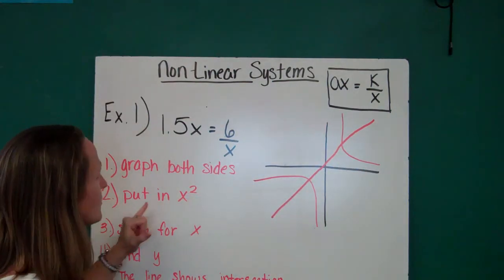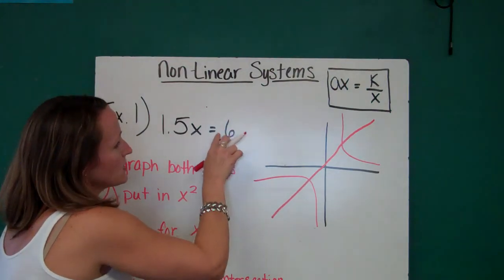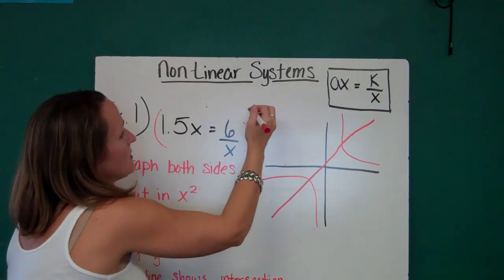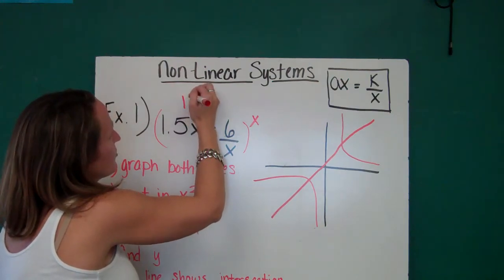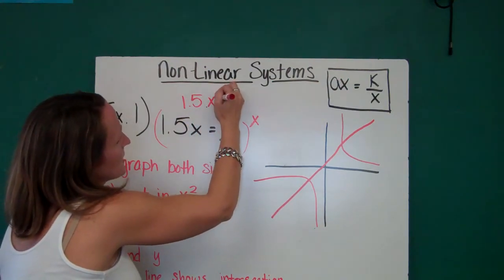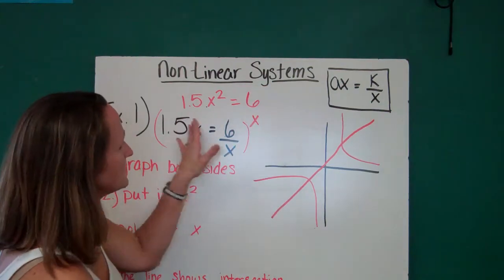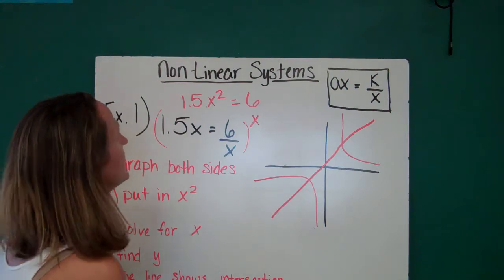Okay, now, we're going to put this into x squared. What do I mean by that? I want to solve this equation more or less. So I'm going to multiply both sides by x, so that now my equation is 1.5x squared equals 6. I got rid of my x on one side. I'm going to go ahead and keep solving.